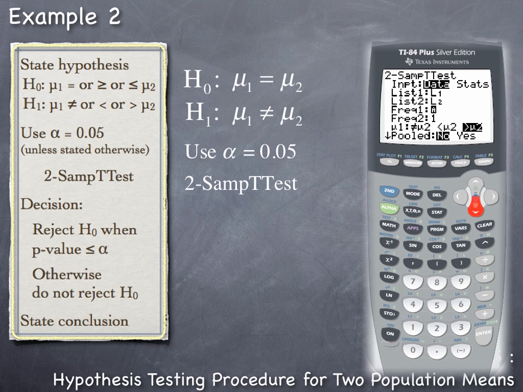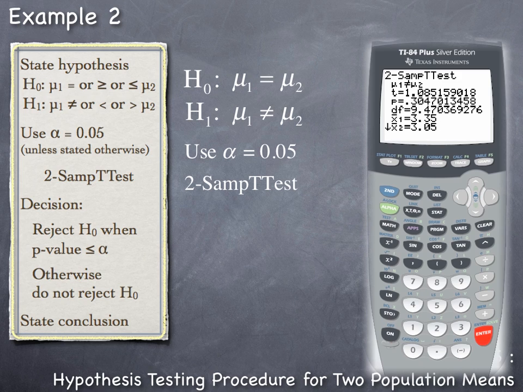Freq1, Freq2 is 1 because each GPA came from one student. And H1 in this test includes a not equal to. So we put the cursor on not equal and press enter to select. Pooled is no because we are not using the pooled approach. And then down arrow to calculate, where we press enter, and we can see the calculated p-value. In this case, the p-value rounded to the nearest thousandth is 0.305.